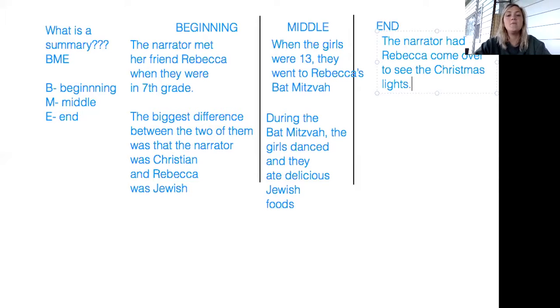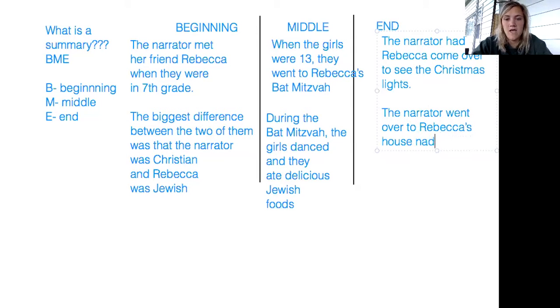The narrator had Rebecca come over to see the Christmas lights. And then from there, what else happened? The narrator went over to Rebecca's house and spent the first night of Hanukkah.